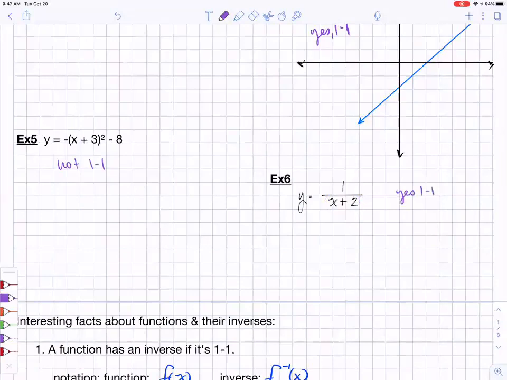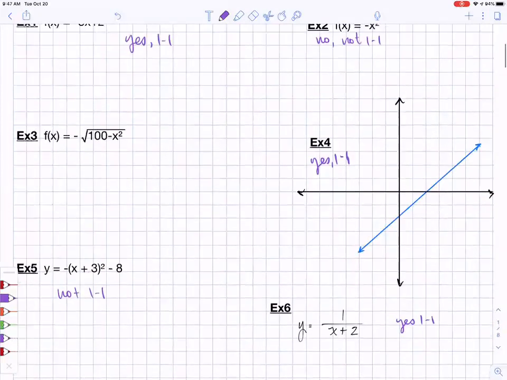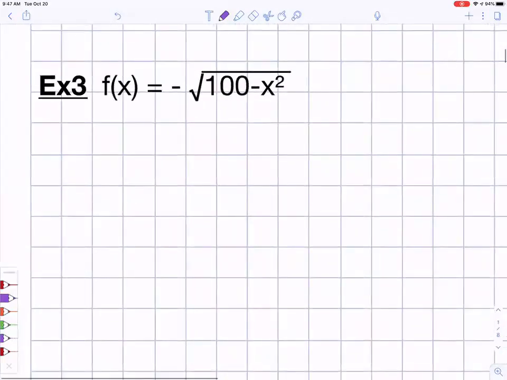Now the one that we skipped. This is not one of our parents. Yes, we have a square root parent, but our square root parent doesn't have a square inside of it. So this is not one of the parents we've ever worked with. So when you're being asked about one-to-one and you don't know what it looks like, well, graph it. If we don't know what it looks like, put it in the calculator.